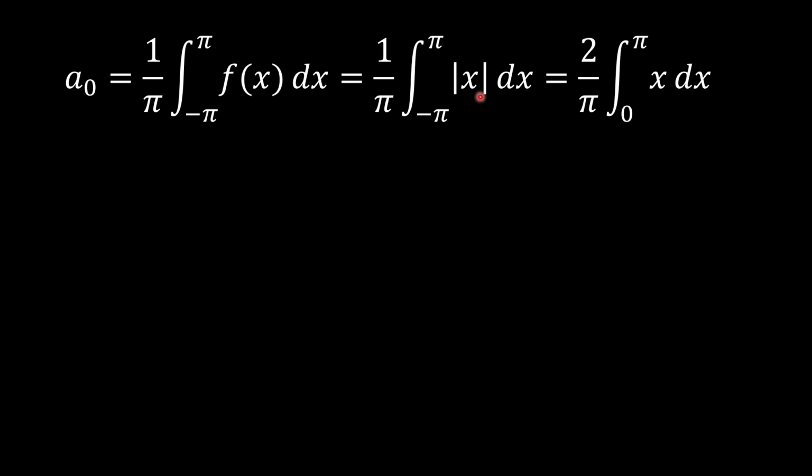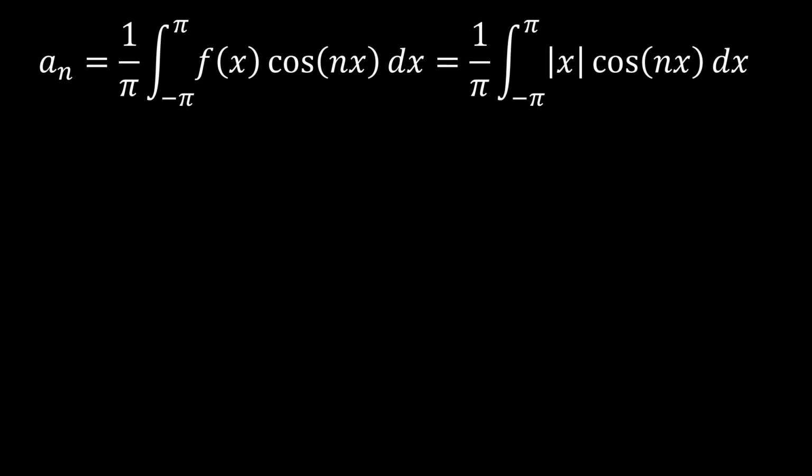Since the positive and the negative lobes are the same, they're symmetric, so we have 2 over pi, integrating from 0 to pi. Integrating x becomes x squared over 2, over the interval 0 to pi. And so our a naught is going to be pi, as simple as that.